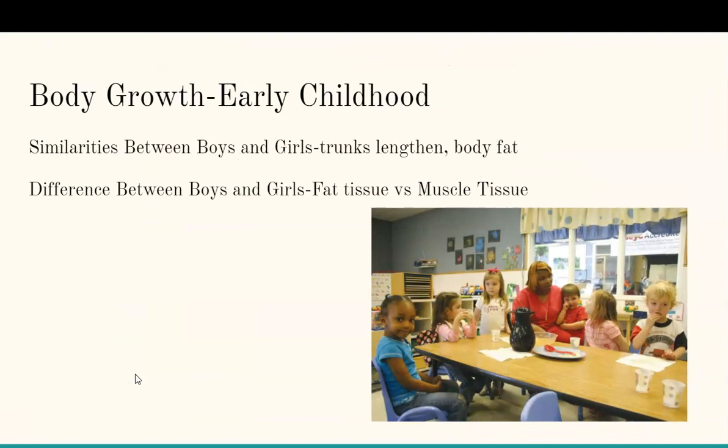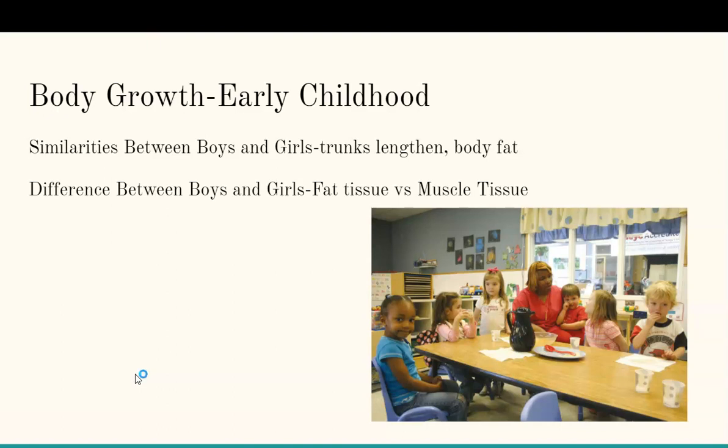During early childhood, we see some similarities between boys and girls, but there are also some differences as far as body growth. When we are talking about the similarities between boys and girls, their trunks lengthen. So again, originally when they were infants, their head was the largest thing on their body.